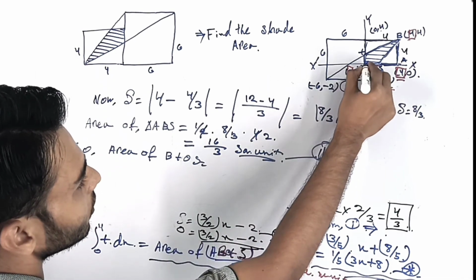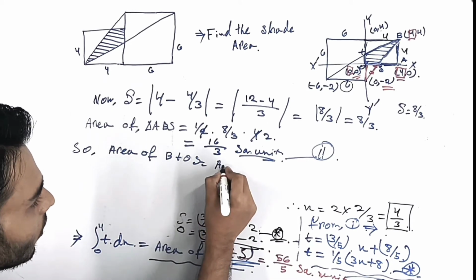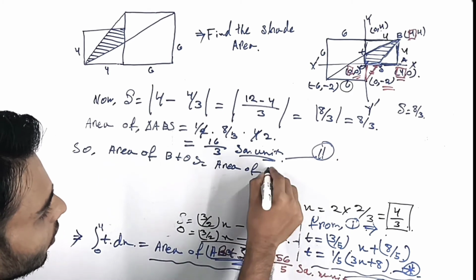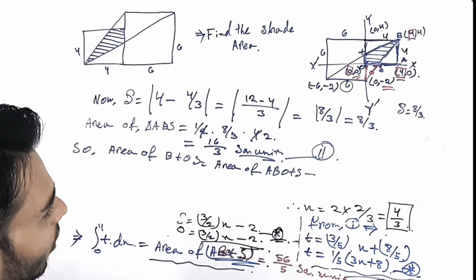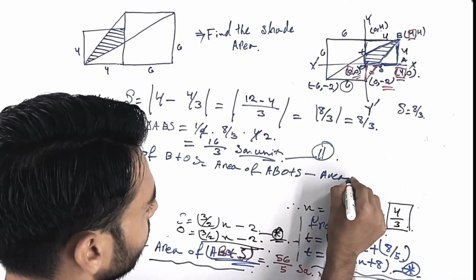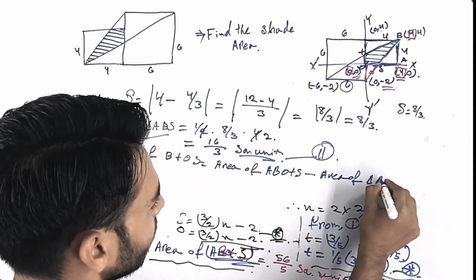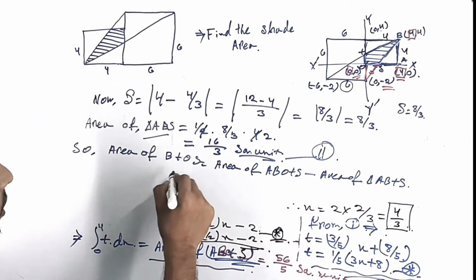I also write down that the origin point is O, so I write down that's O. And this area of ABOTS minus the area of the triangular shape ABTS, that's it.